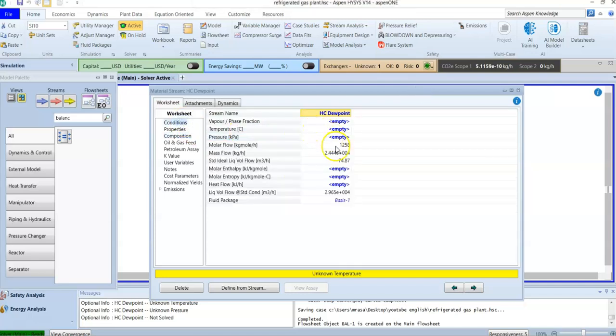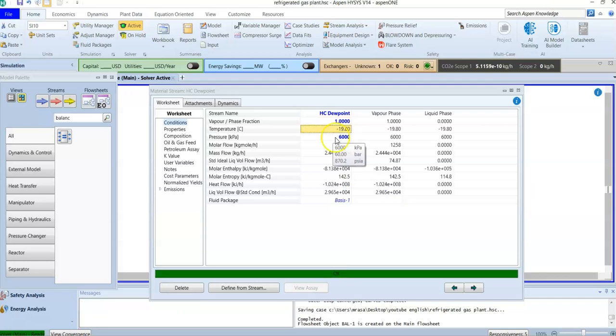And here I am going to define the conditions. I want to specify the pressure to be 6000 kilopascal, and I want the temperature to be equal to, we are not giving the temperature, we want to make sure that our composition will be 100% vapor.